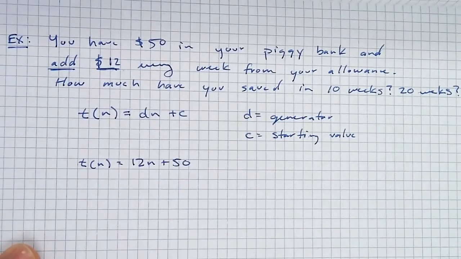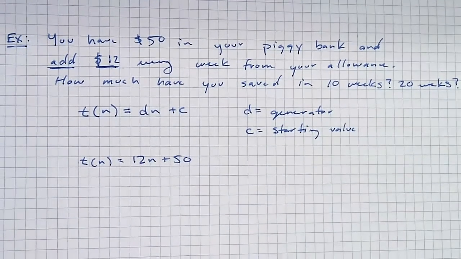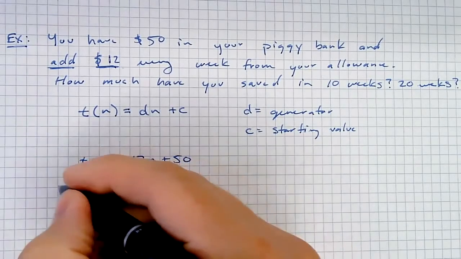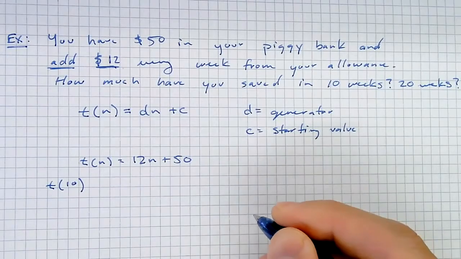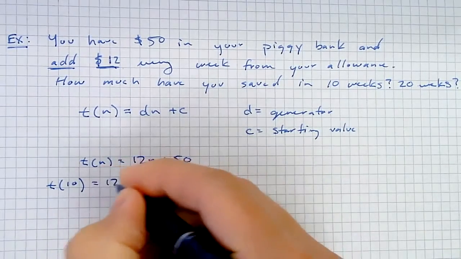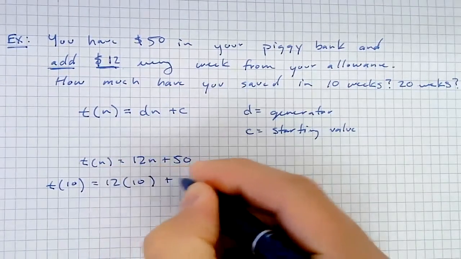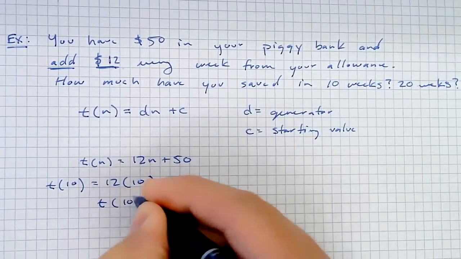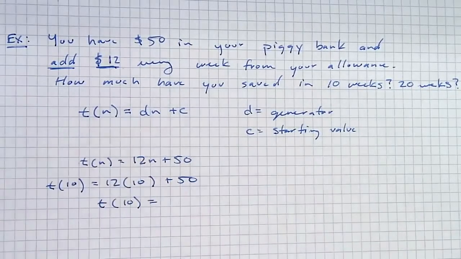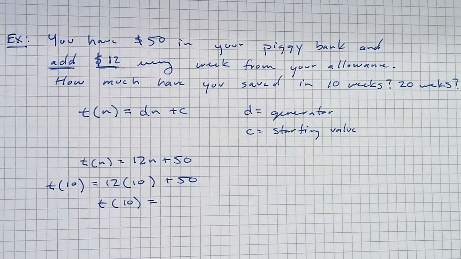You're adding $12 each week, and you started with 50 from the beginning. So T of 10 equals 12 times 10 plus 50, which I believe is 170.